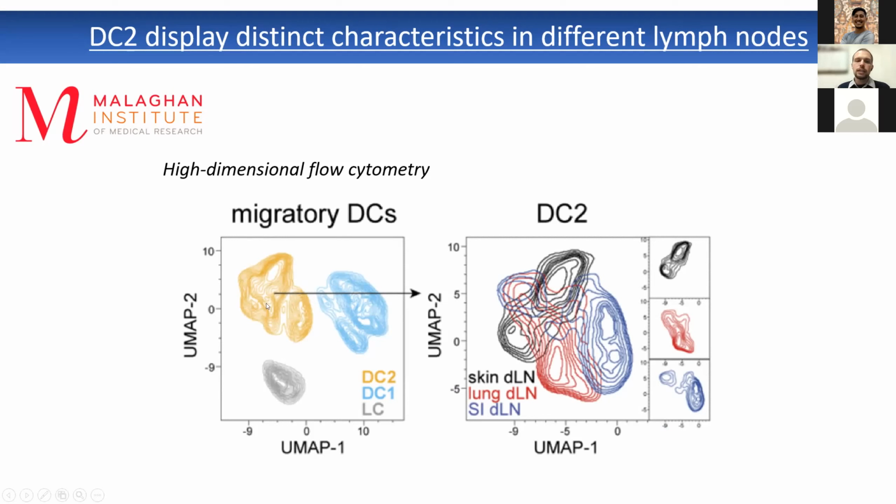And when we then looked into the type 2 dendritic cells, this population or cluster of cells uniquely furthermore divided by their origin. So if they derive from the skin, the lung, or the intestine, which suggested that the tissue had a unique impact on the surface marker expression of these cells.